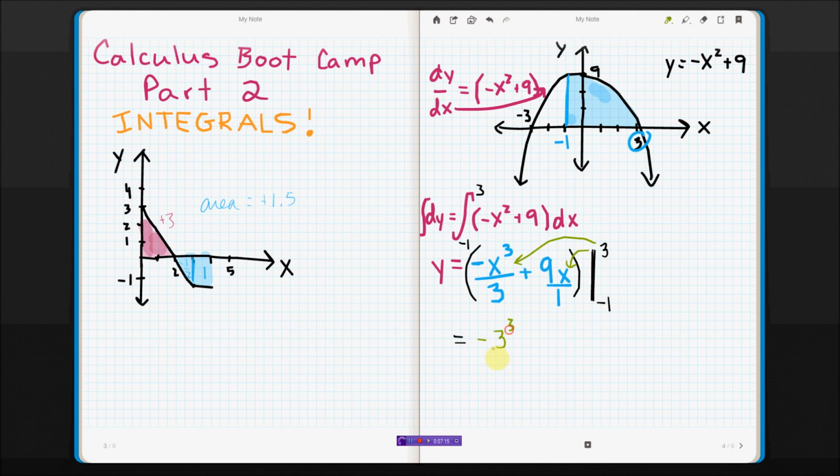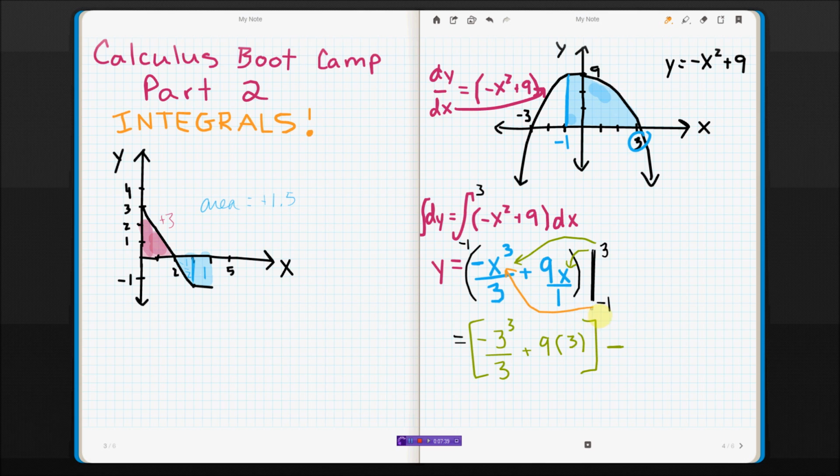So it's going to be 3 cubed over 3 plus 9 times 3. I'm leaving out the over 1 since it's not really necessary. Okay, so you do that. Put big old brackets around it. And then you're going to subtract the same thing again, but this time you put the bottom number in for x.